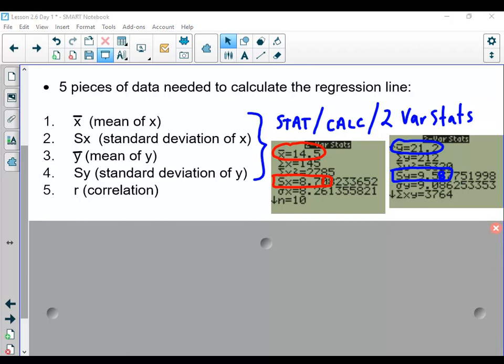So for the R value, we're going to do our same thing we have been doing with our linear regression. So I'm going to do my stat, calculate, and then linear regression over 4. And so my R value is 0.92 for this problem.